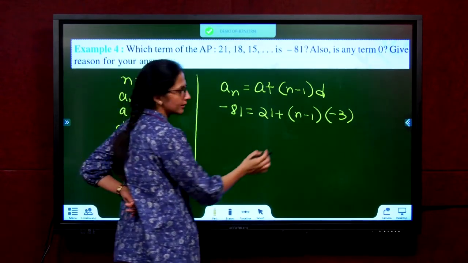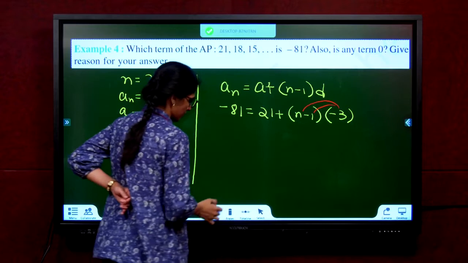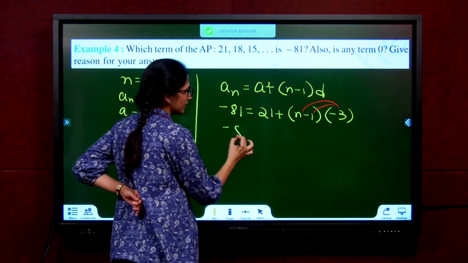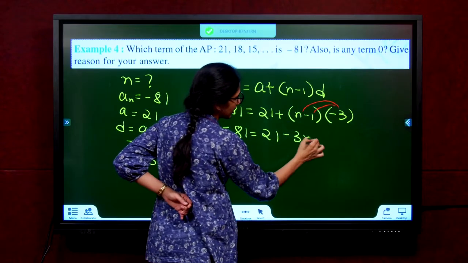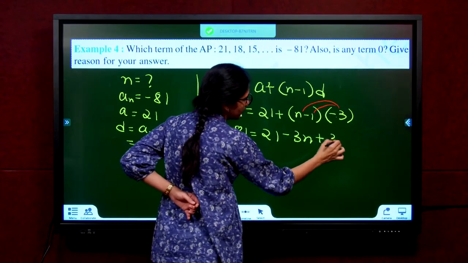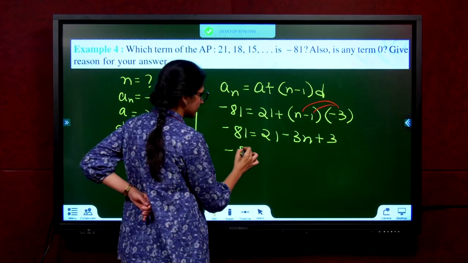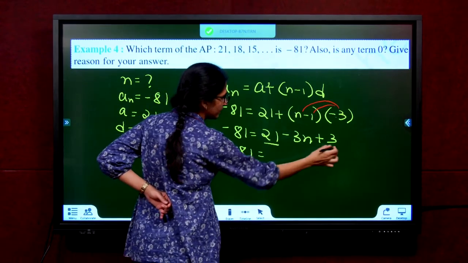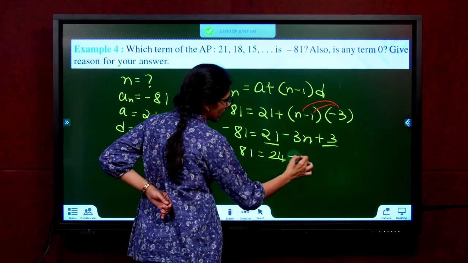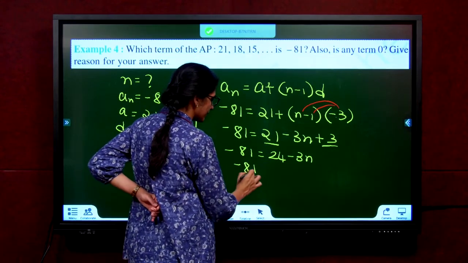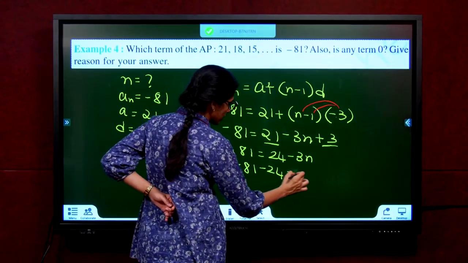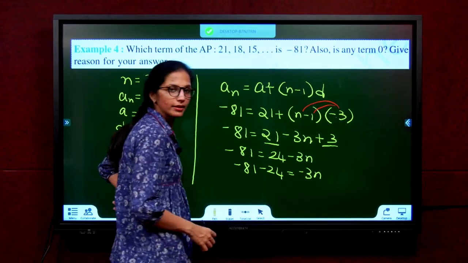Multiply that minus 3 inside. So now what happens? Minus 81 is equal to 21 minus 3n, minus 3 into minus 1 plus 3. Minus 81 is equal to 21 plus 3, 24, minus 3n. Bring the 24 this side, minus 81 minus 24 is equal to minus 3n.